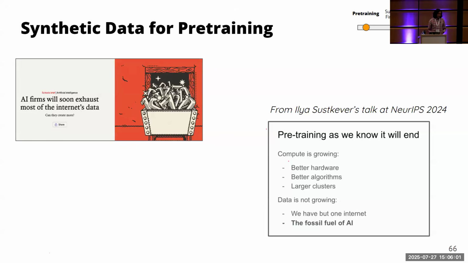There are a couple of reasons, but the first is that bigger models require more data. And today's models have already basically been trained on all of the legally accessible digital data on the internet, and maybe even beyond that. So if we want to keep being able to enable scaling, then we need to do something about this.